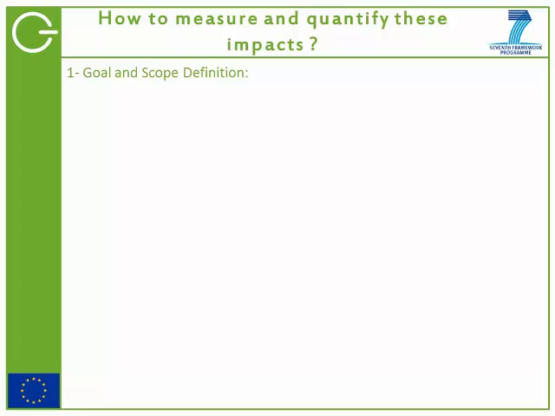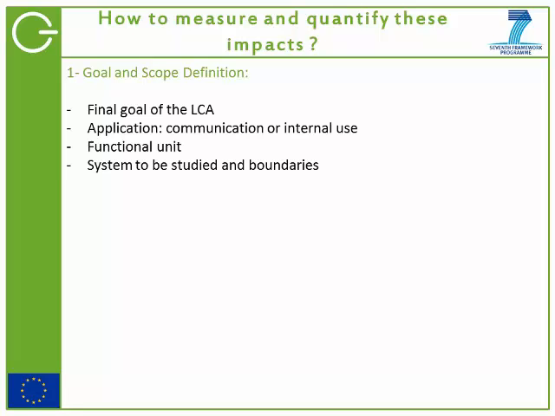So the first step of the method is about framing the scope and goal of your study. It is crucial to get the focus right and to define the system and the study properly to have an accurate assessment for decision-making in eco-design. First, you should define the goal of the LCA. In eco-design, it can be to supply environmental information to the design process or to communicate the final performance of your product.